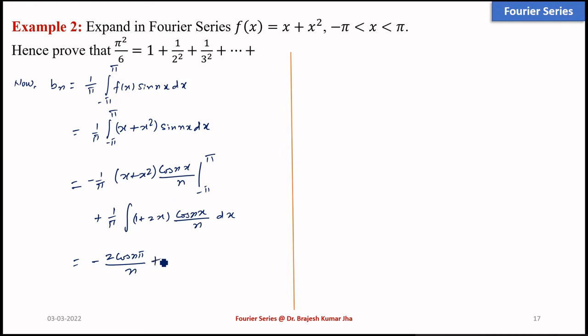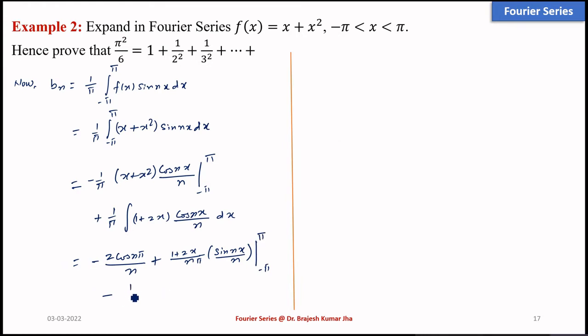Plus, if we go for this one, it is again 1 plus 2x by n, integration by parts that we can take, 2n, and pi that I write here. Integration of cos nx is going to be sin nx by n, and minus, okay, limit will be minus pi to plus pi.